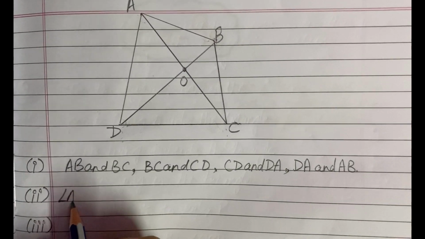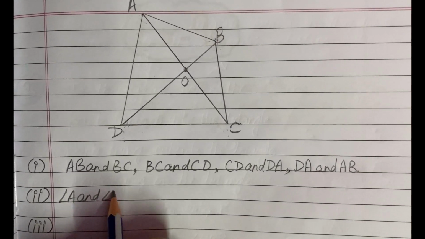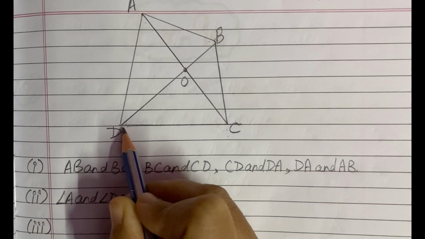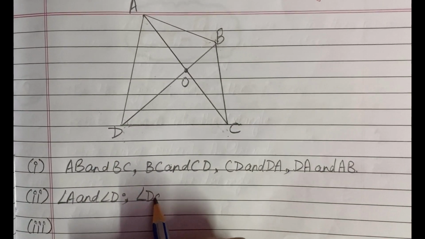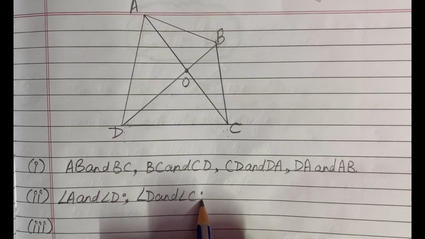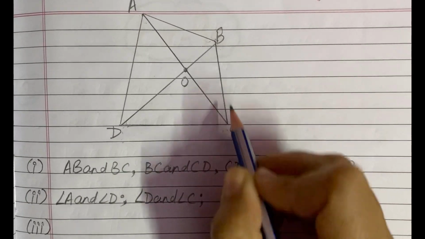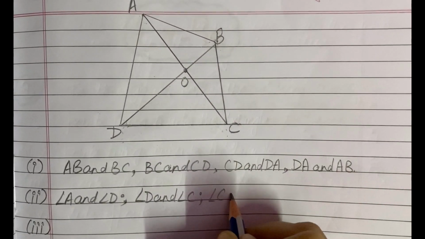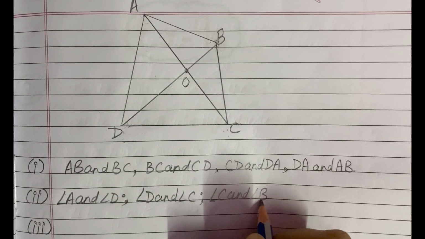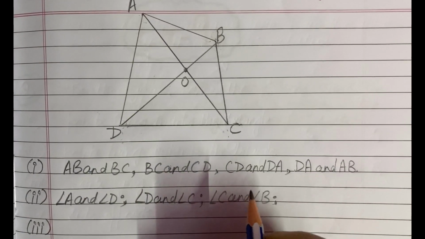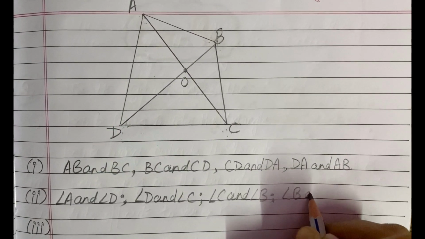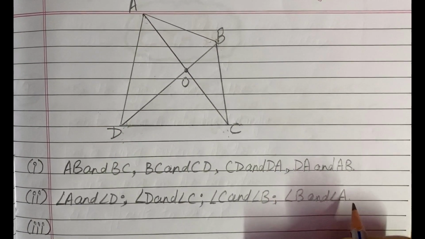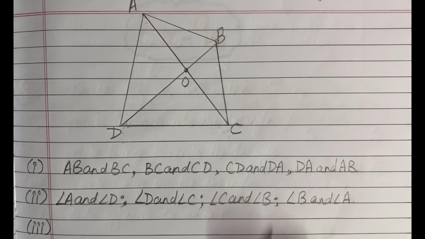So, here we will write angle A and angle D. Angle D and angle C are adjacent angles. Angle C and angle B are adjacent angles. And last, angle B and angle A are adjacent angles. Hopefully it is clear to you.